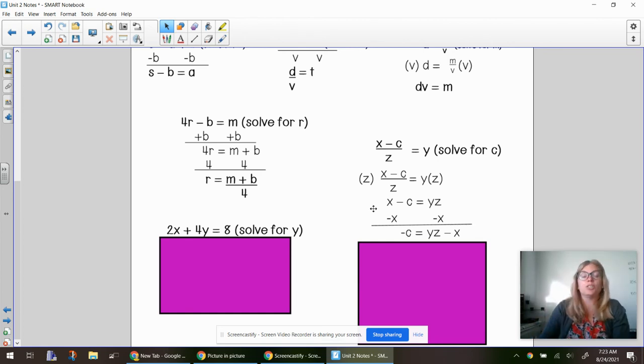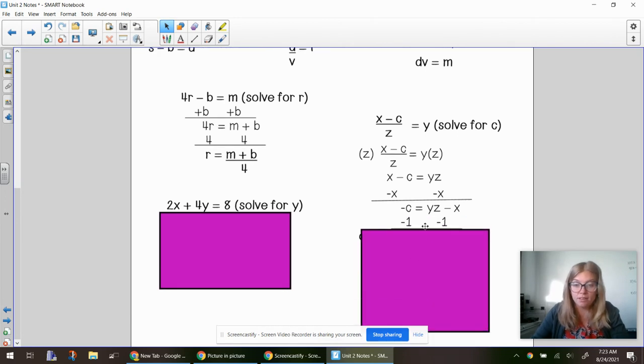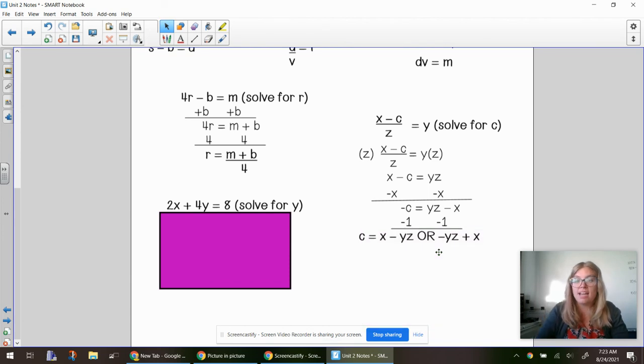So I'm going to undo that negative sign by dividing by negative 1. So once I divide both sides of my equal sign by negative 1, I end up with c equals, I can either say x minus yz or negative yz plus x. Dividing by negative 1 changes the sign, and I'm allowed to change the order if I want.